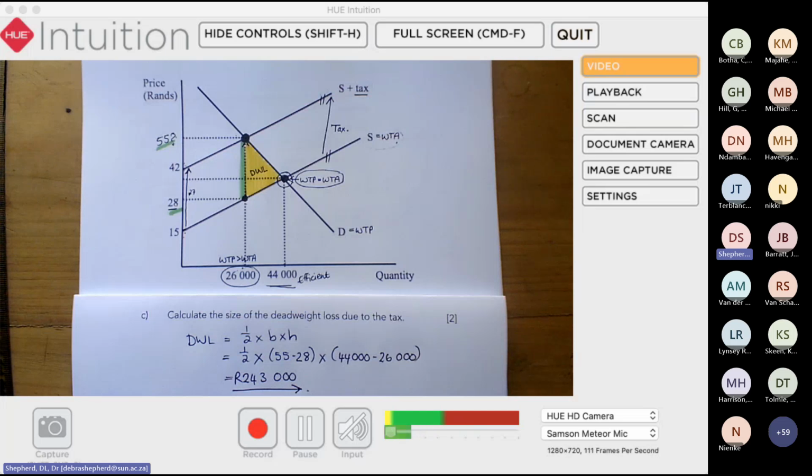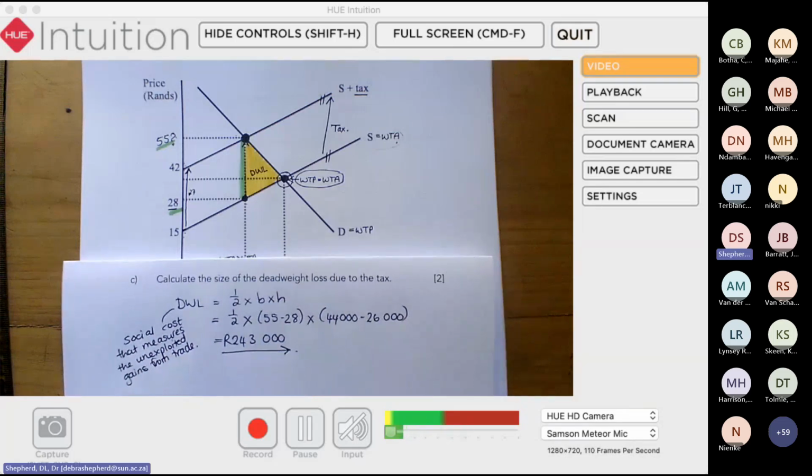Please give a definition of deadweight loss. So deadweight loss is a social cost that measures the unexploited gains from trade.